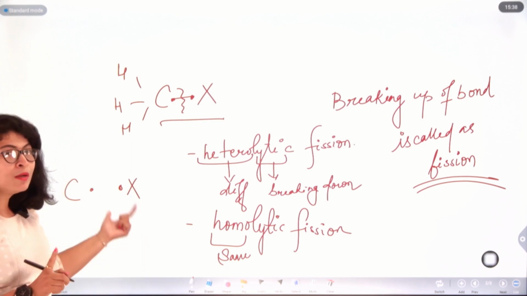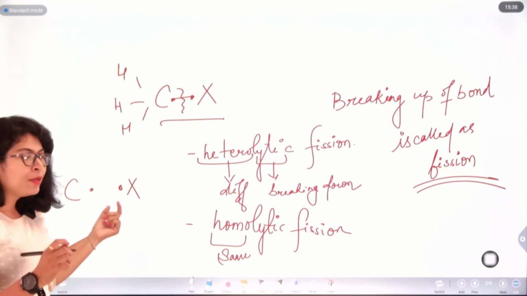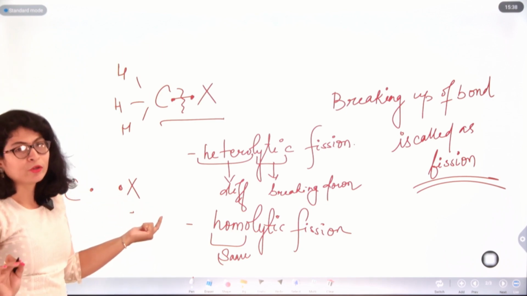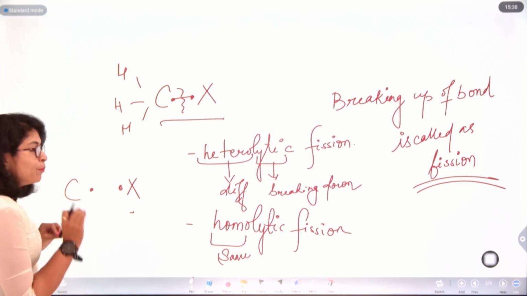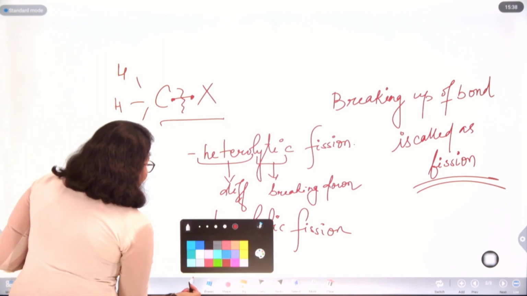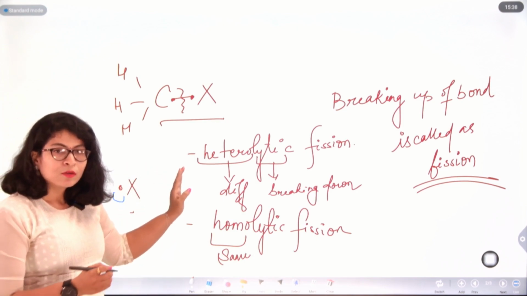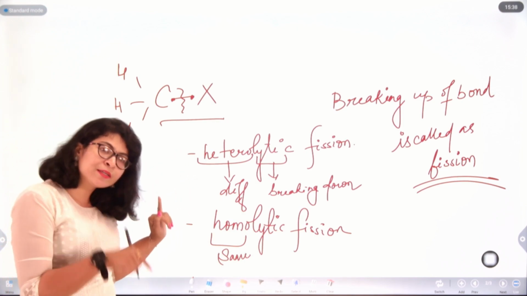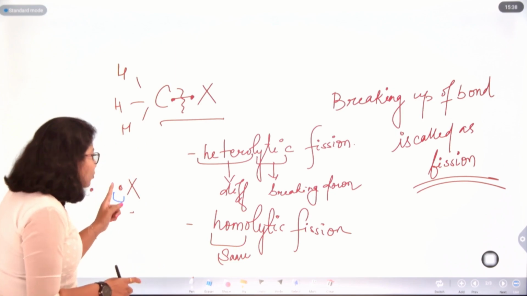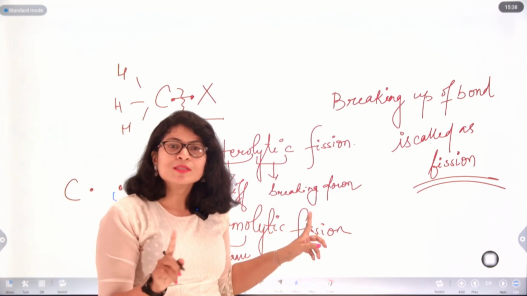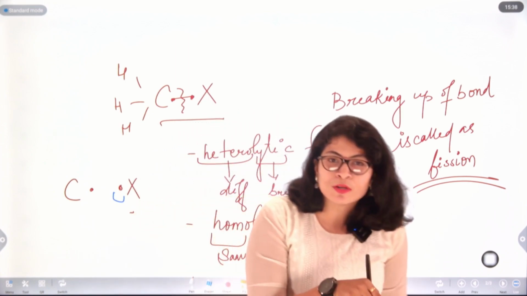One bond means two electrons. Now imagine if X is stronger, X is taking both the electrons. That means one particular electron was already belonging to X only. So due to this electron, X will not get any positive or negative charge, because that electron was belonging to X only, right?